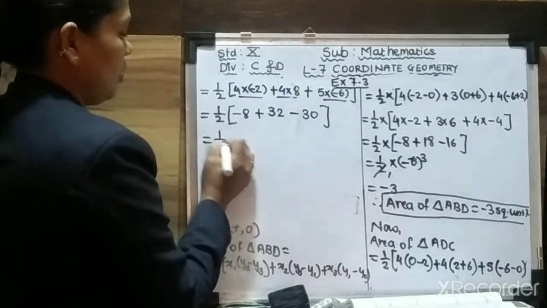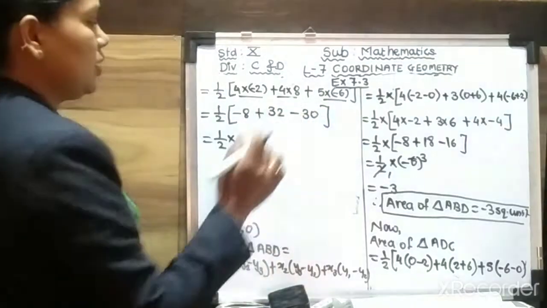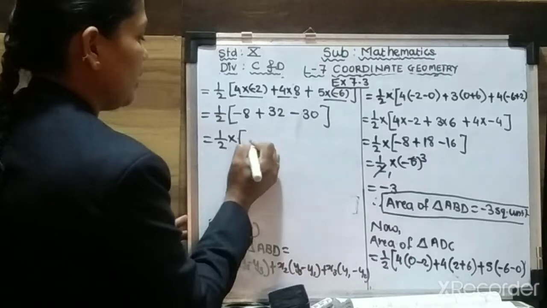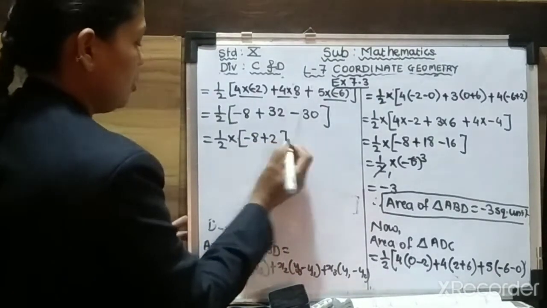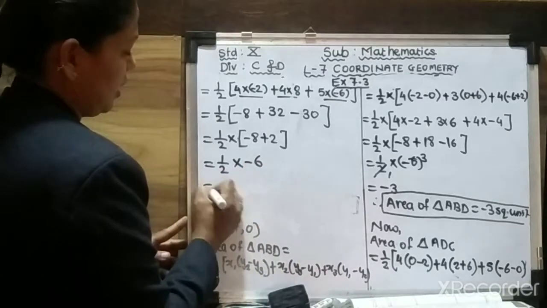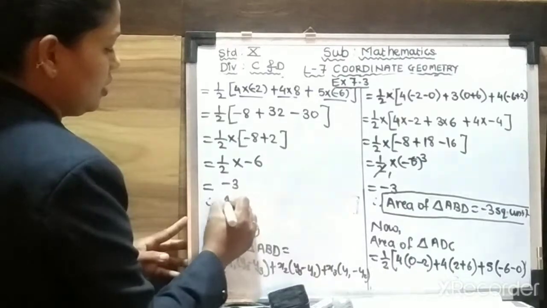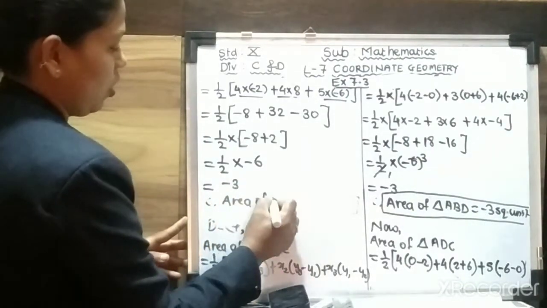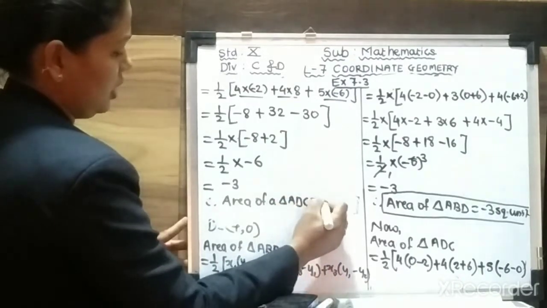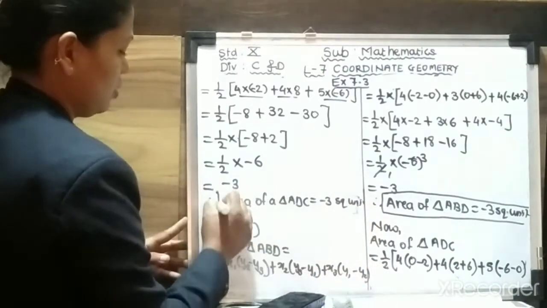Now 1 upon 2 into: we will get plus 2, so minus 8 plus 2, we have got here minus 6, and minus 6 when we divide we will get minus 3. Therefore area of triangle ADC equals minus 3 square unit.